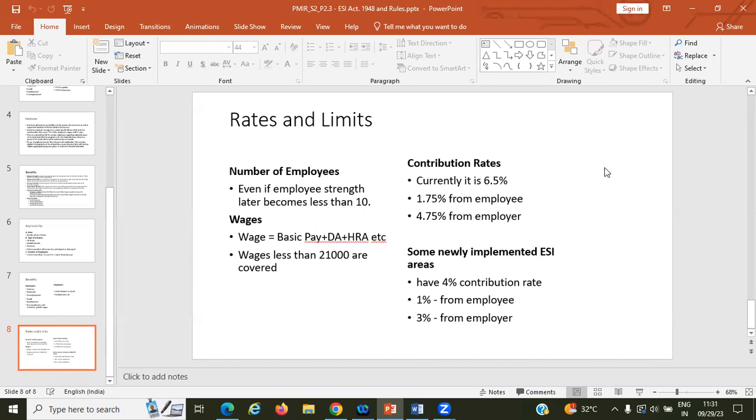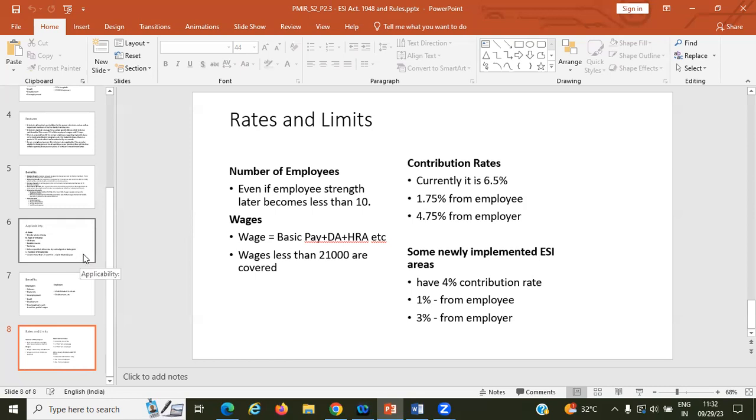Wage calculation: what are the components included in wage calculation? Your basic plus DA plus HRA, and the minimum wage of 21,000. These are important for MCQ. And what is the contribution? 6.5, 1.75, 4.75.